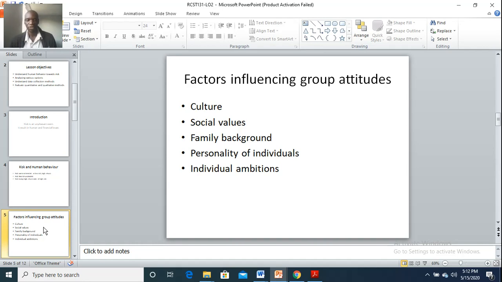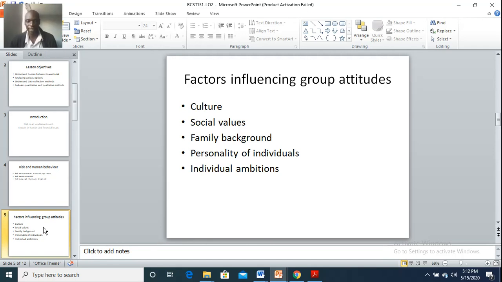Some, you learned that you should be risk-averse. So we are shaped when we are still young. The family background, how do people approach risk at your home? The faith is something which can also help you in dealing with risk in a group setting.